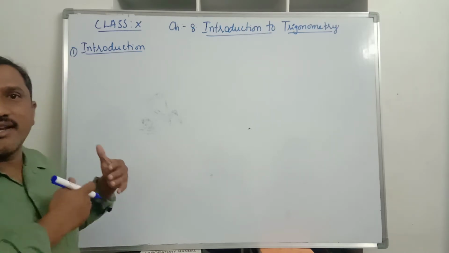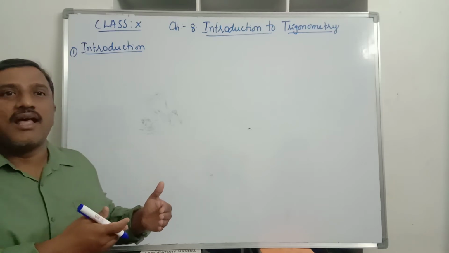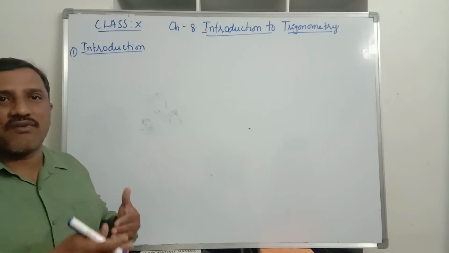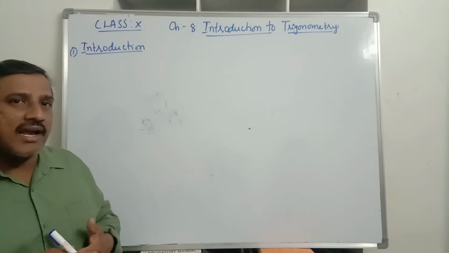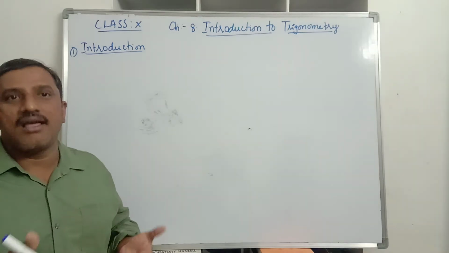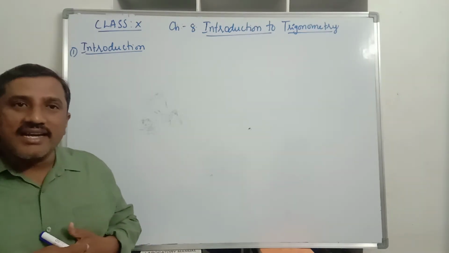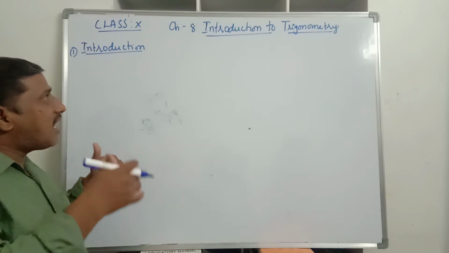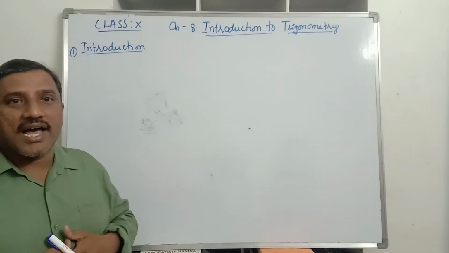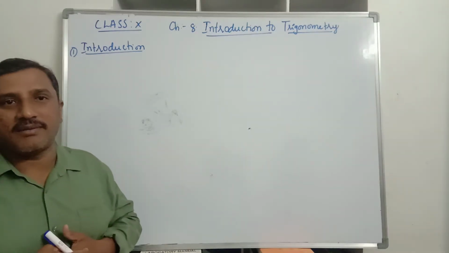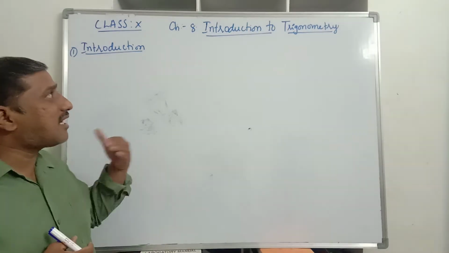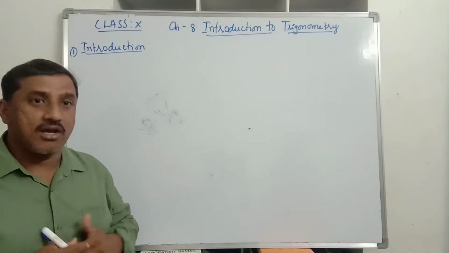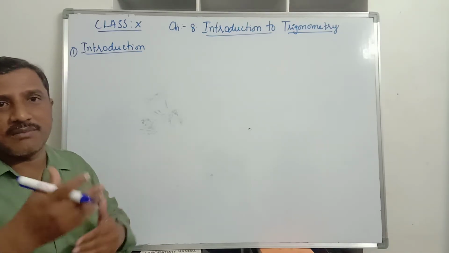We have studied in the lower classes about triangles, especially types of triangles. A right angle triangle is a triangle in which one angle is 90 degrees, and we studied its properties. So to find those distances or heights, a special branch of mathematics is introduced. That special branch of mathematics is trigonometry.